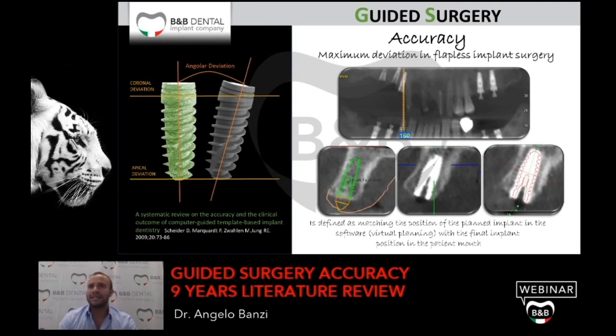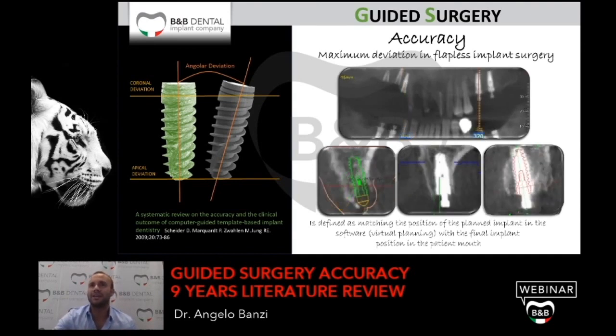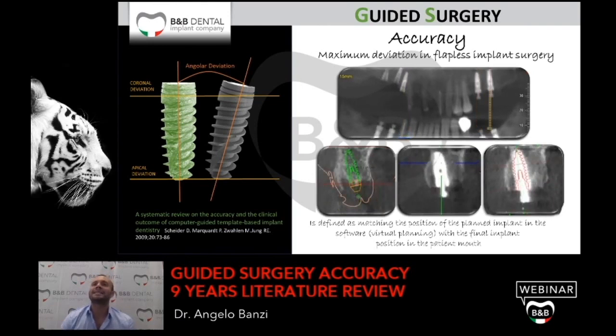As you can see from this image, the last picture is the comparison between the virtual imaging and the real imaging. And as you can see from each implant, this matching fits perfectly. I mean, the position in the virtual world is the same in the real world. So we can say that in this case I reached a very high accuracy.